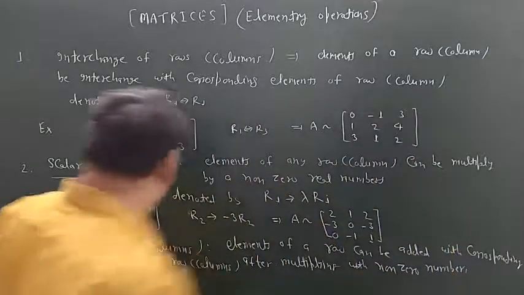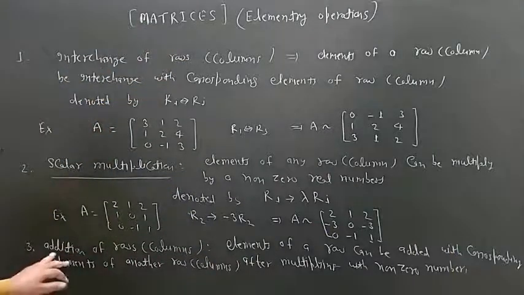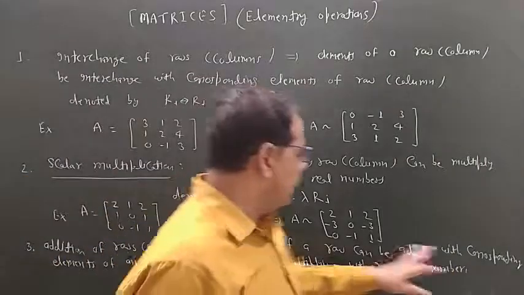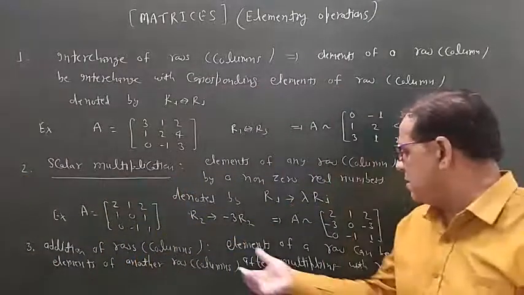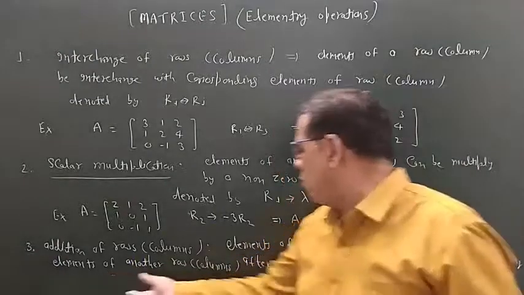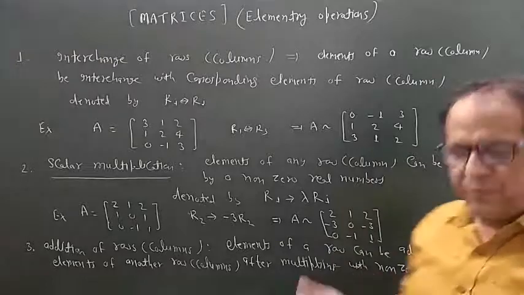This is a very important property in elementary operations. This is addition of rows or columns. Elements of a row can be added with corresponding elements of another row or column after multiplying with non-zero numbers.